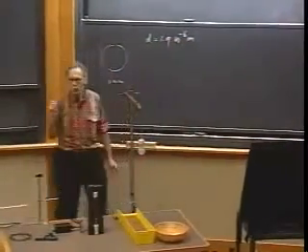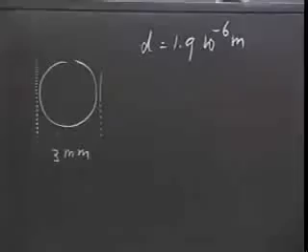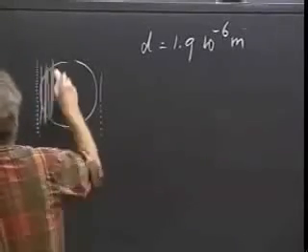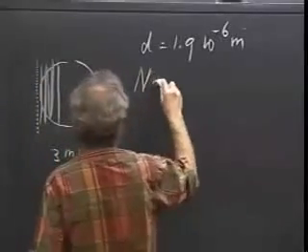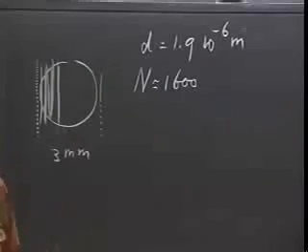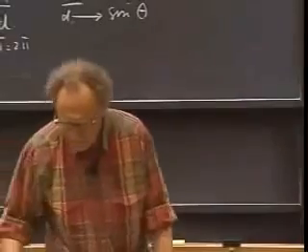That is only 2 microns. How anyone can do that beats me, but it can be done. So I can calculate now how many of those lines I have here in the 3 millimeters. And I end up with n is about 1,600. So when I shine my laser beam through my grating, I use effectively 1,600 of those lines.